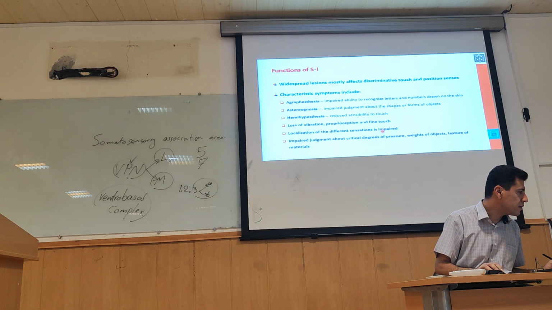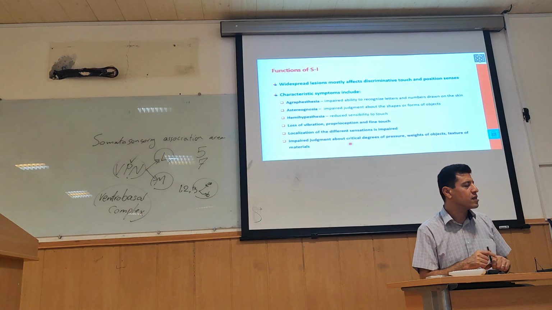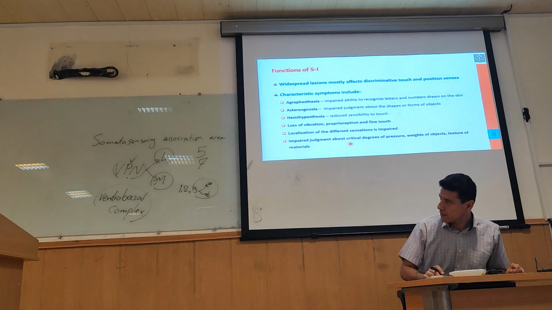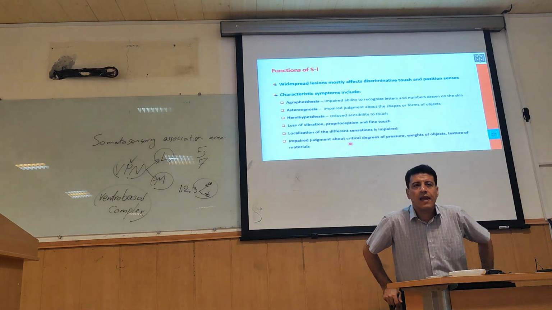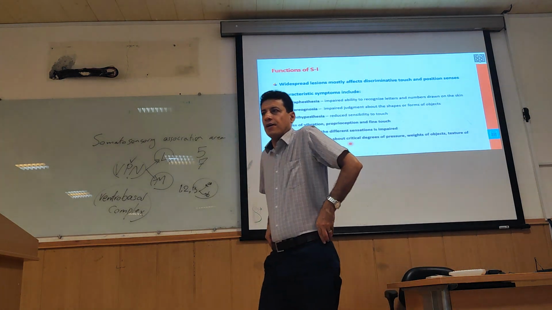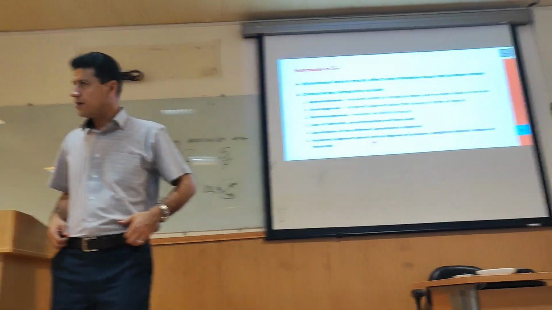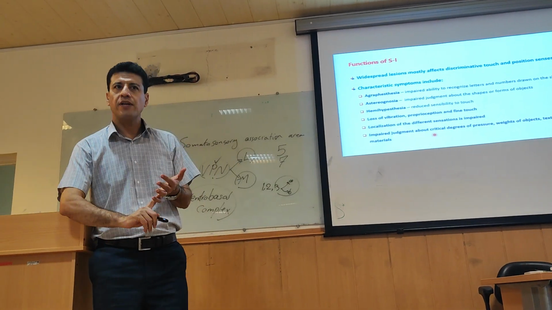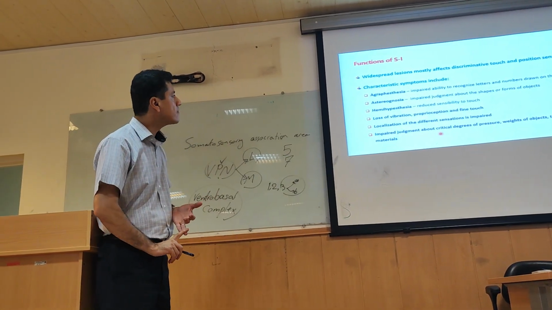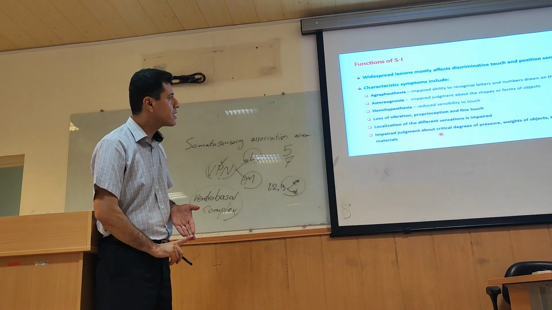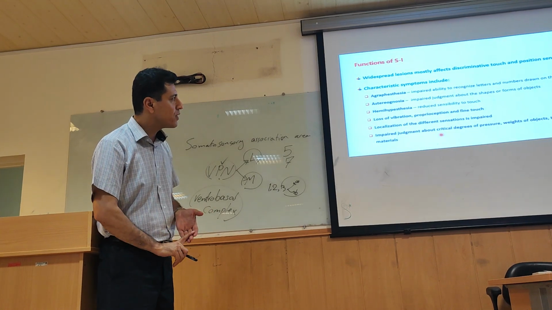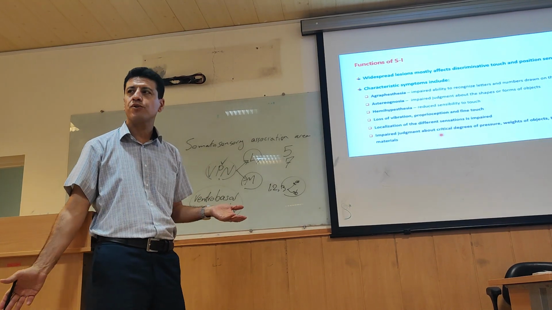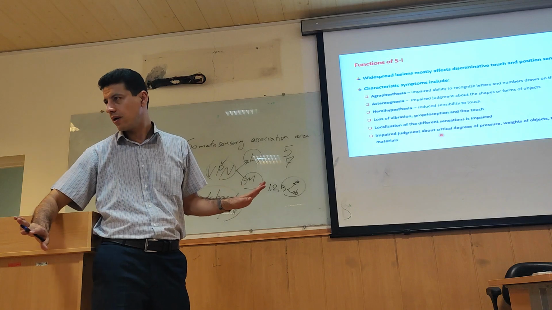Localization is impaired, and judgment about the degree of pressure, weight of objects, and texture of material is lost. So any property of touch sensation is lost: vibration, touch, localization, proprioception, the degree of pressure, weight, and texture of objects.